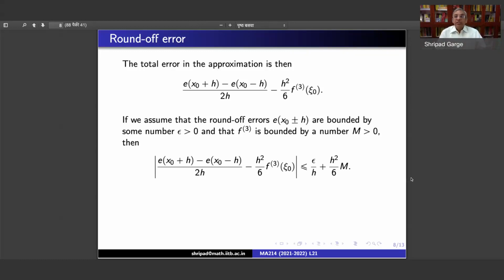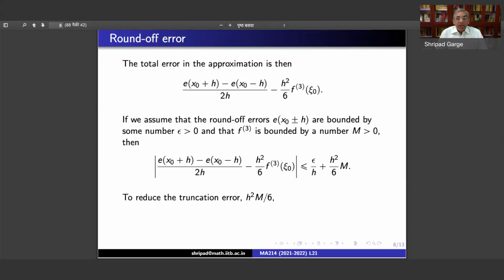And for the truncation error, because the third derivative is bounded above by M, you simply get h square by 6 times capital M. This is the upper bound for the total error. And if you want to reduce the truncation error, which is h square M upon 6, you will have to reduce h.